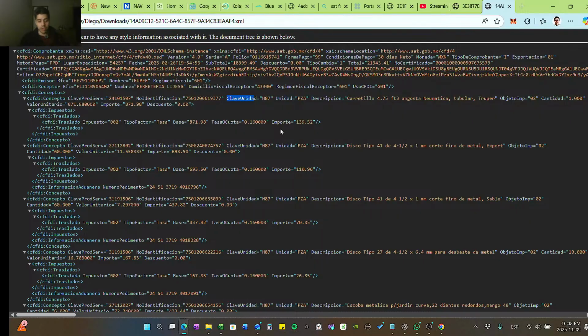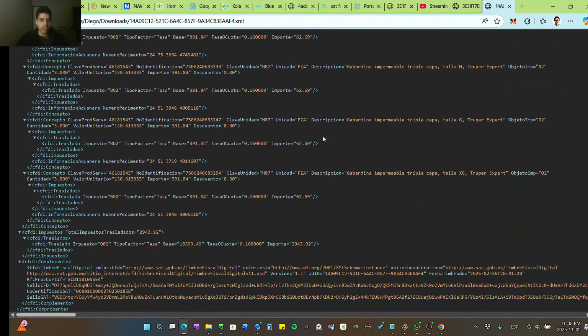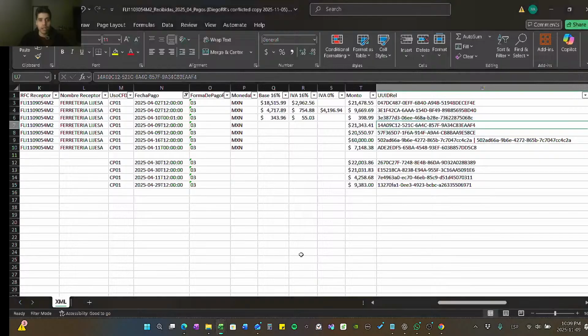Anyways, right now what's important is to understand that this specific invoice has several products, and all those products were issued at 16%. And I don't necessarily need to go through each one of them because this is the summary of the tax module. So I really don't need to go back.